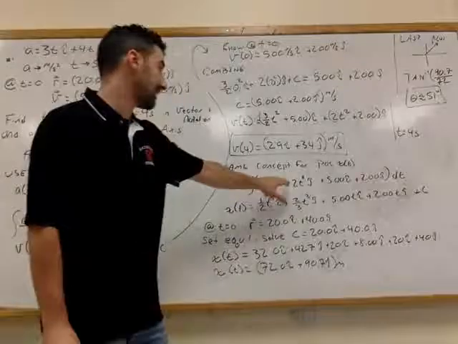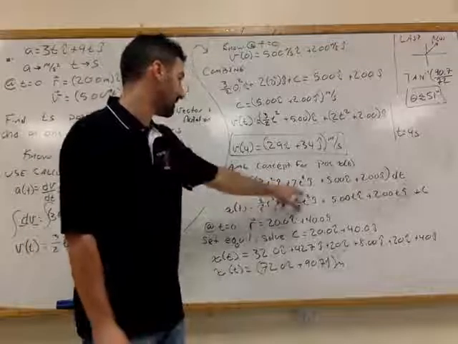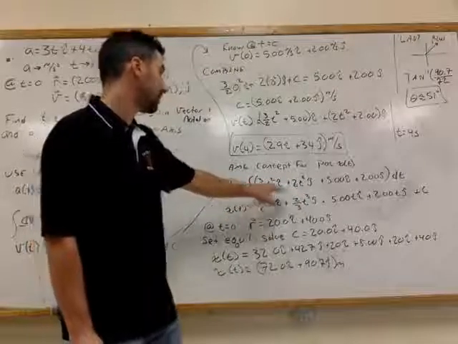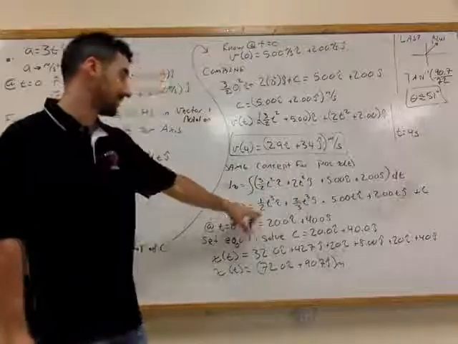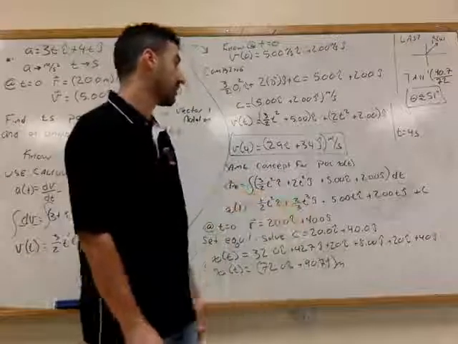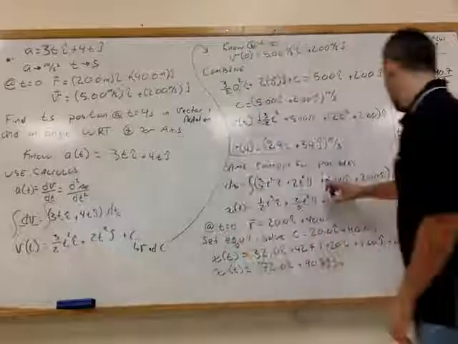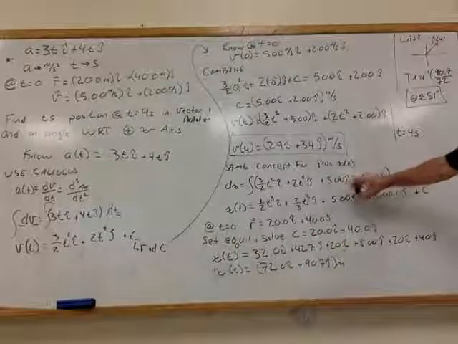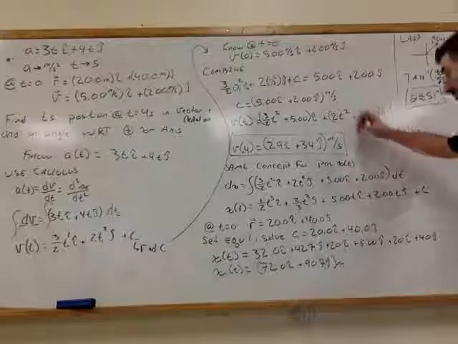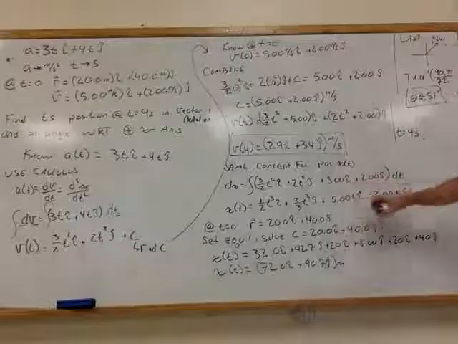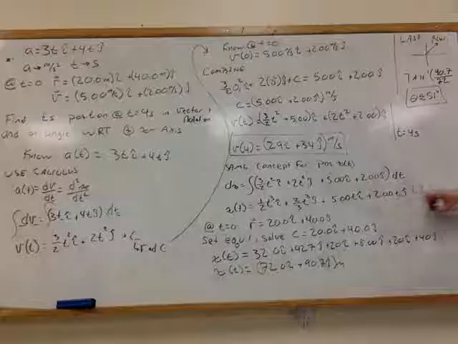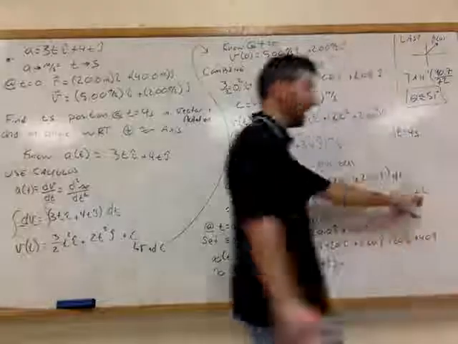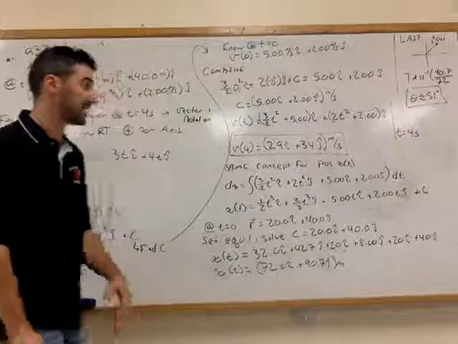When I take the antiderivative of t squared, I get t cubed over 3. That simplifies to 1/2, and that goes to 2/3. Here, 5 and 2, I don't have a t, so taking an antiderivative I have to have a 5t and a 2t. And again, I have an integration constant, c.